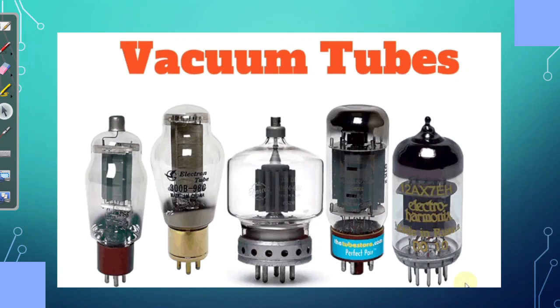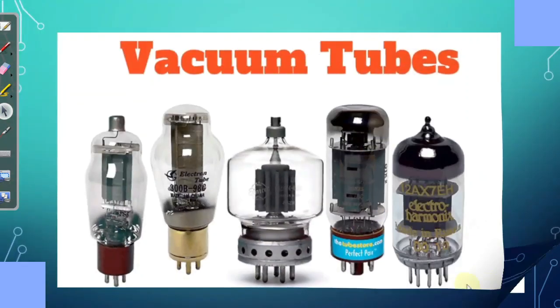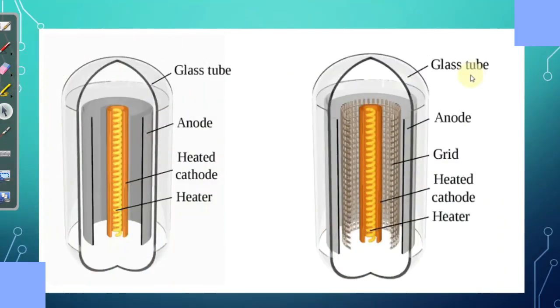This is a first generation computer. You can see how the vacuum tube is built: one glass tube, with an anode and a heated cathode inside, and a built-in heater. This is the first generation computer's vacuum tube model.